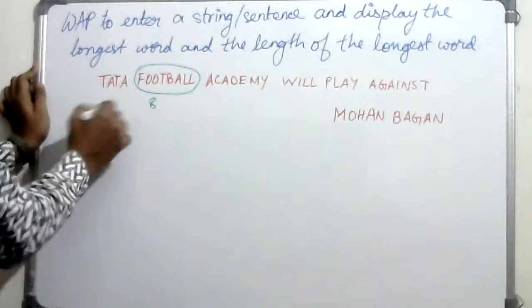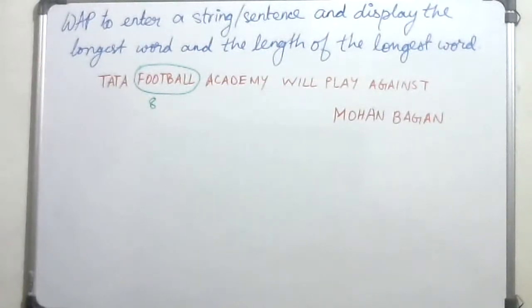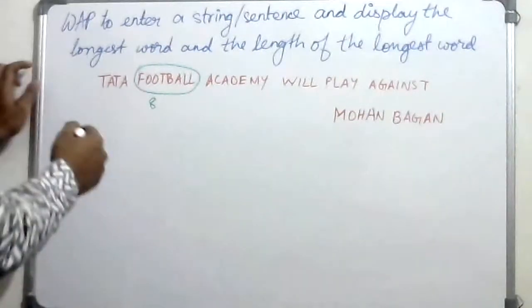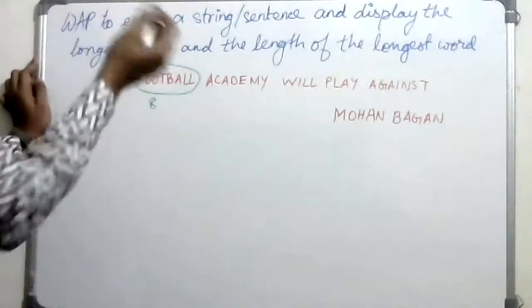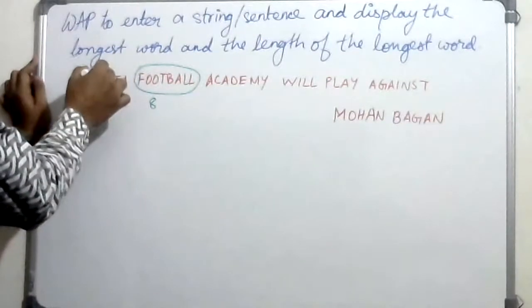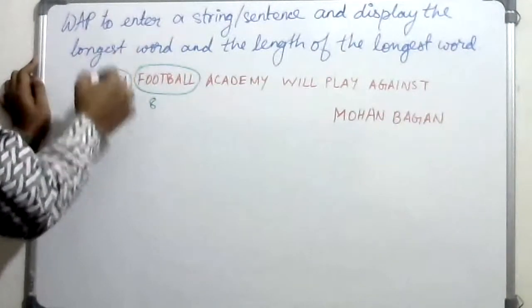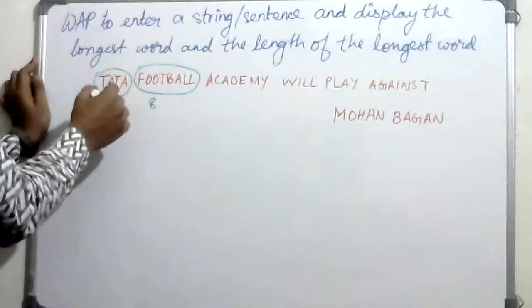So let's say I have two variables. Rather, let's do it in an easier way. Let's say I extract each and every word. So at first, using the charAt function, I extract this word.